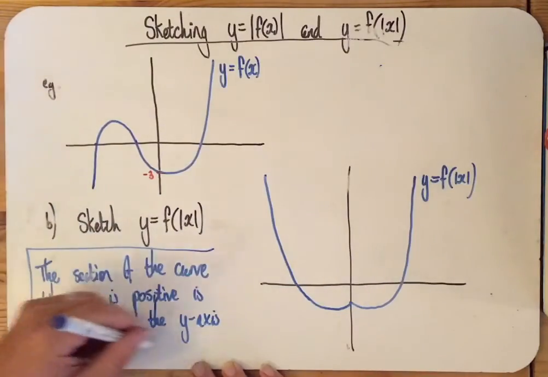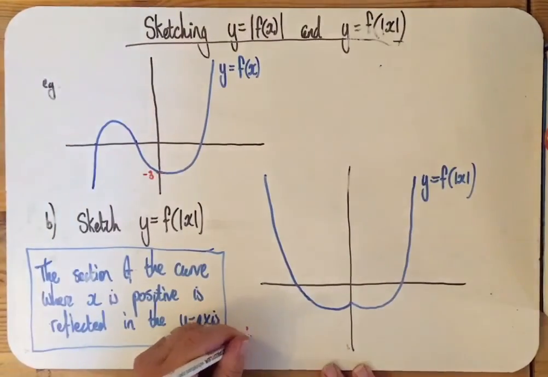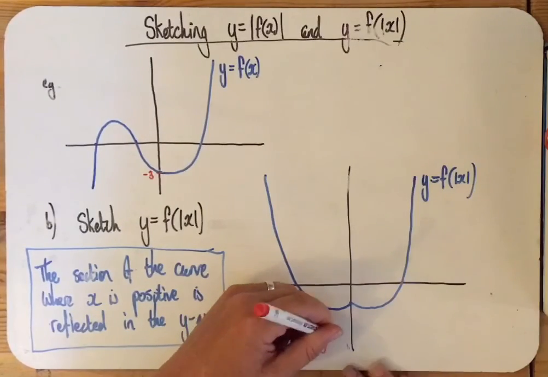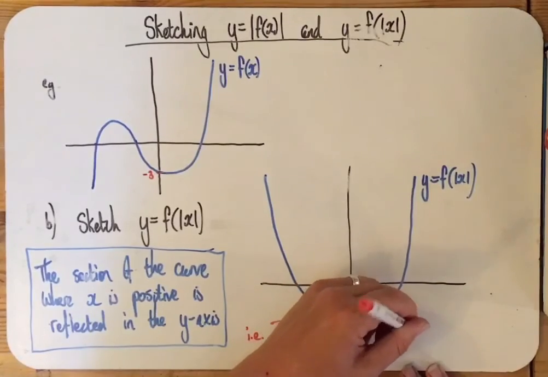So that's how to sketch those. So, i.e. the negative x behaves like a positive x.